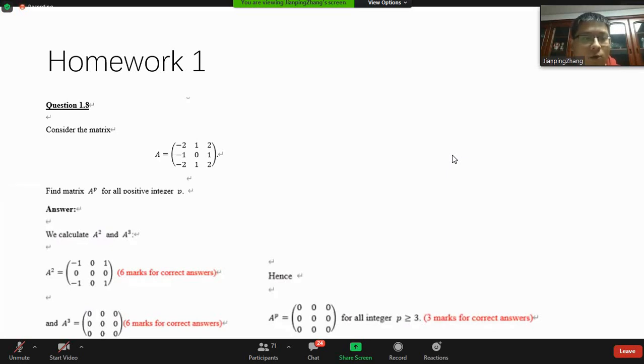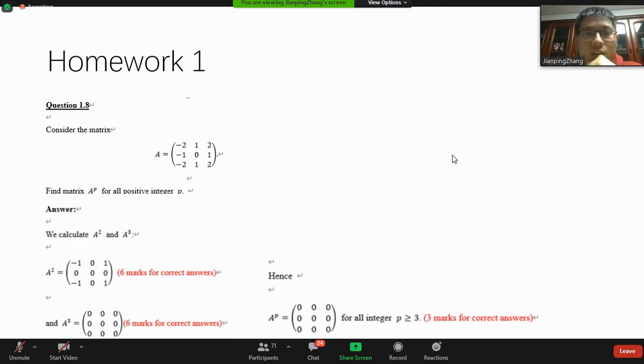And for A or A square, you can just write down the special solution for a special matrix. Okay, so here is the end for homework one. Do you have any questions here? So if not, I would like to continue.